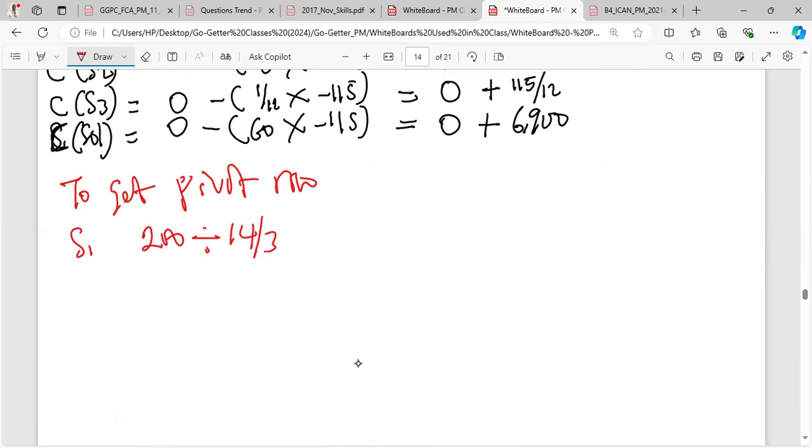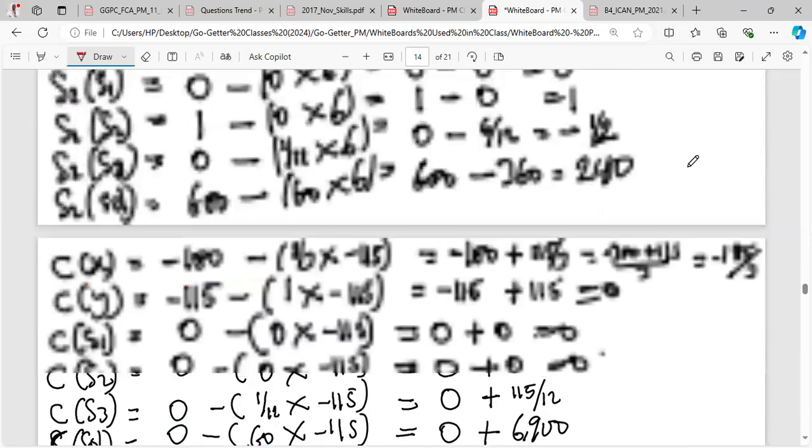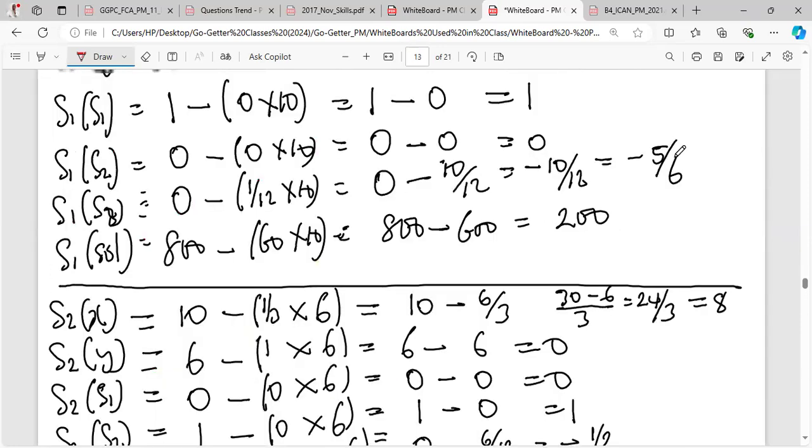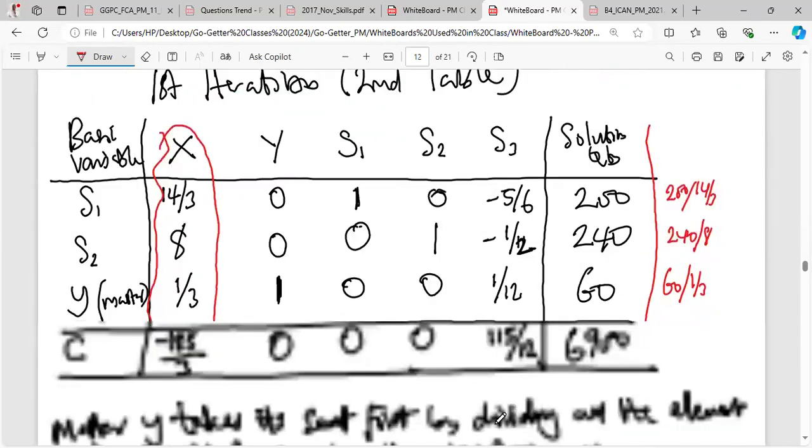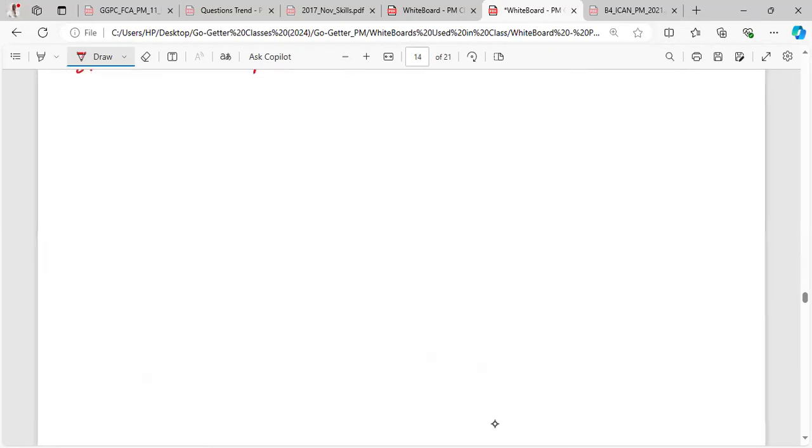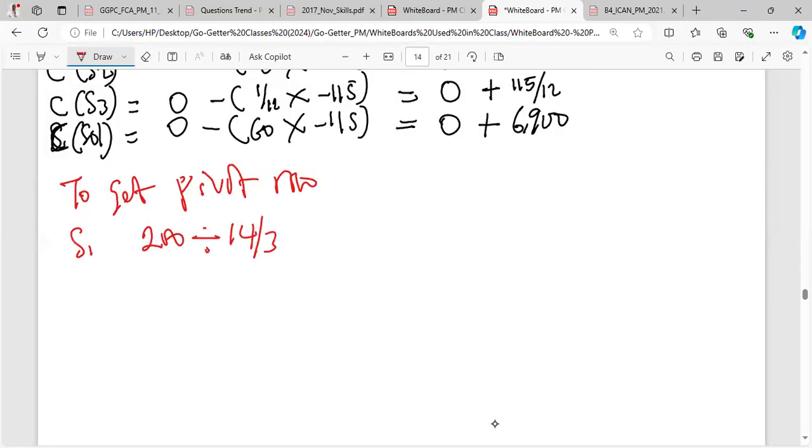Notice the way I've written it here. I didn't write it like this so that I want to apply something in mathematics here. When you have to change your divide to times, you interchange. This becomes 3 over 14. When you are changing from divide to times, numerator becomes denominator, denominator becomes numerator.